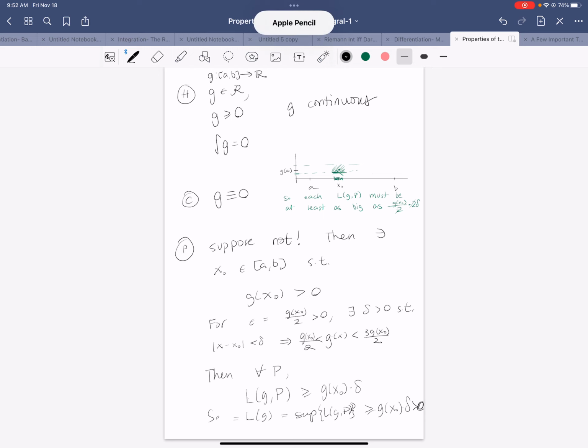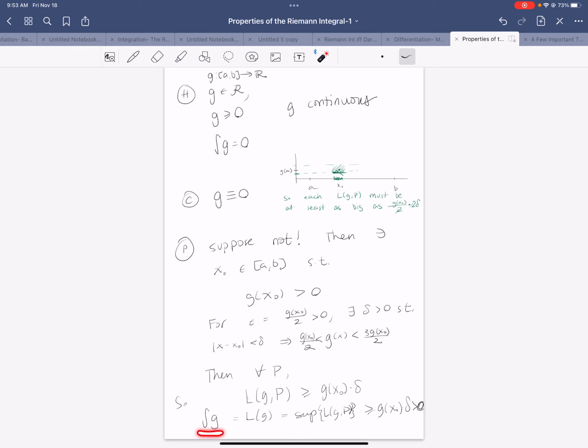My pen ran out again. So my integral of G, which is the same as my lower integral, right? Because you're integrable if and only if your lower integral and your upper integral are equal.